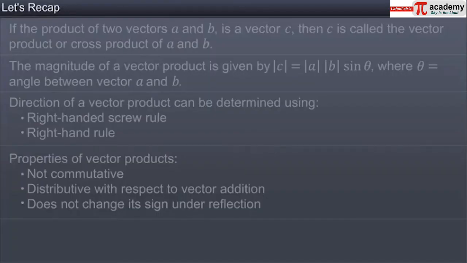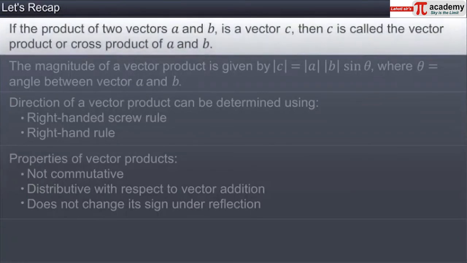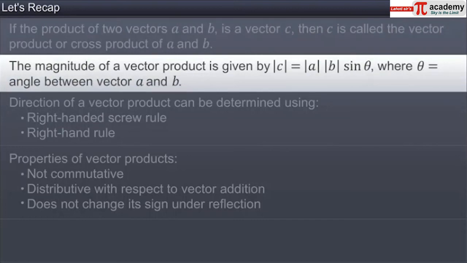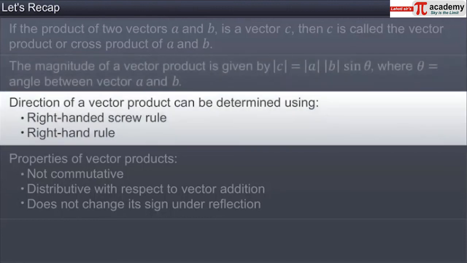You have now reached the end of this module. In this module, you learned that if the product of two vectors A and B is a vector C, then C is called the vector product or cross product of A and B. The magnitude of a vector product is given by C is equal to AB sine theta, where theta is equal to the angle between vectors A and B. Direction of a vector product can be determined using the right-handed screw rule and the right-hand rule.